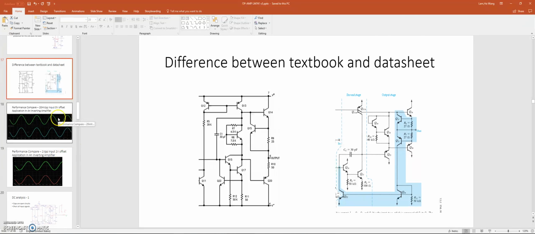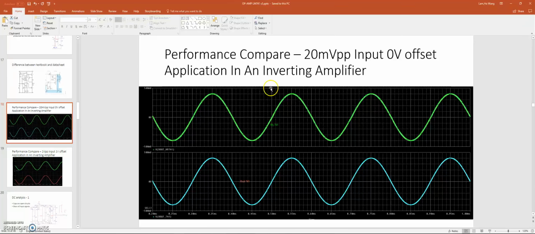And then let's move on to the performance comparison. So here we have a side-by-side comparison. On the upper half, this is my output waveform. Actually, this is a 40 millivolt peak-to-peak input with a 0 volt offset. And here on the bottom, we have an actual curve from the real 741.